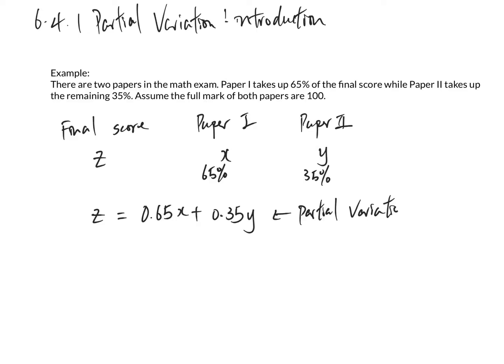Partial variation. We can see that here Z is divided into two parts. To be more accurate, we should say that it is the sum of two parts.